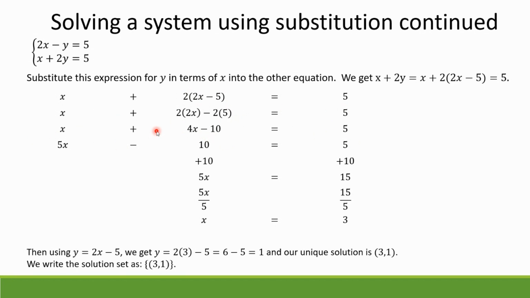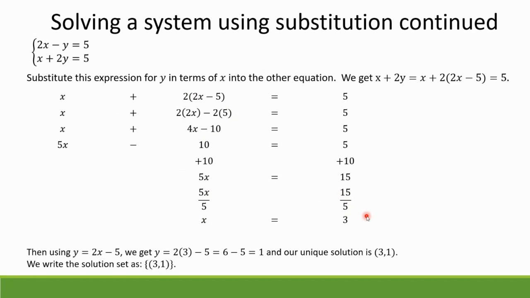Now we want to isolate x, get x all alone on one side. That's what we did in chapter 1. So adding 10 to each side, we get 5x is 15. Dividing both sides by 5, as you can see, we get x equals 15 over 5, which is 3.